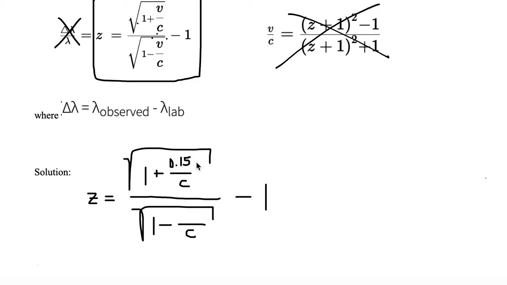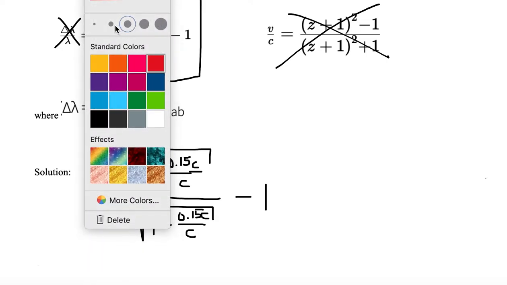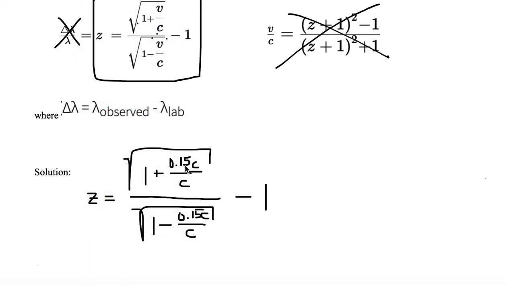0.15c. And then it's divided by the square root of 1 minus v over c, so we need to substitute in for v of 0.15c. And then what you do is you look for things that you can eliminate, like letters or like numbers. In this case, we're going to look at like letters.